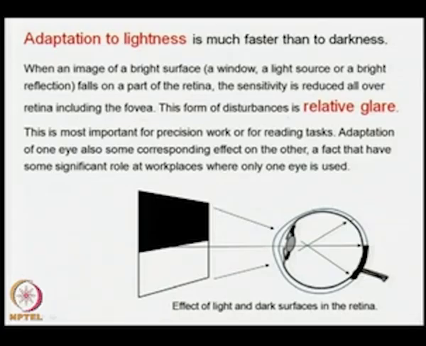This form of disturbance is relative glare. This is most important for precision work or for reading tasks. Adaptation of one eye also has some corresponding effect on the other, a fact that has a significant role at workplaces where only one eye is used.